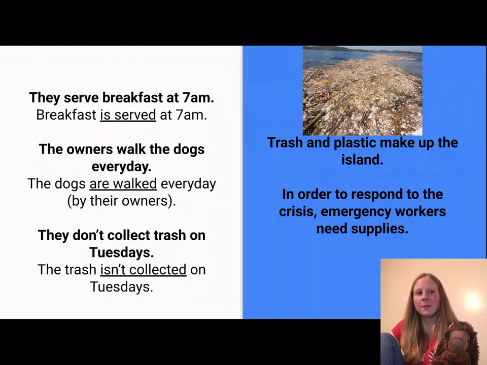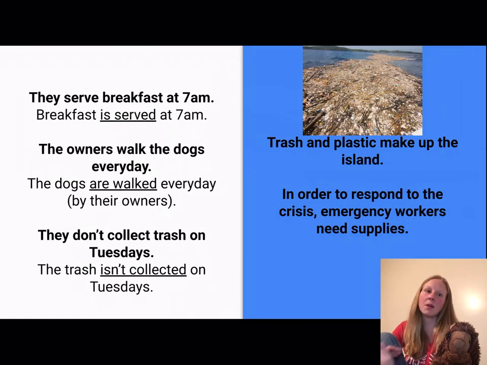So now it's your turn. Let's look at the 2 above. So trash and plastic make up the island. If the island is the most important part of this sentence, we could change it to say, the island is made up of plastic and trash, or trash and plastic. How about the second one? In order to respond to the crisis, emergency workers need supplies.